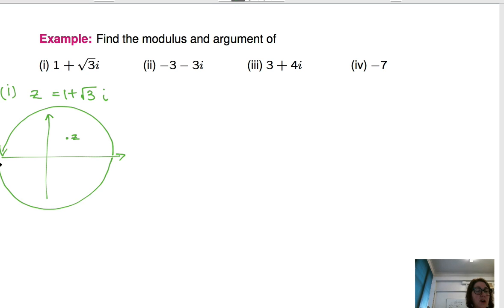And it's sometimes easy to lose track of where your complex number is. So just doing a rough sketch like this shows me which quadrant my complex number is in. Okay, so what I have to do is find the modulus and the argument of this complex number.